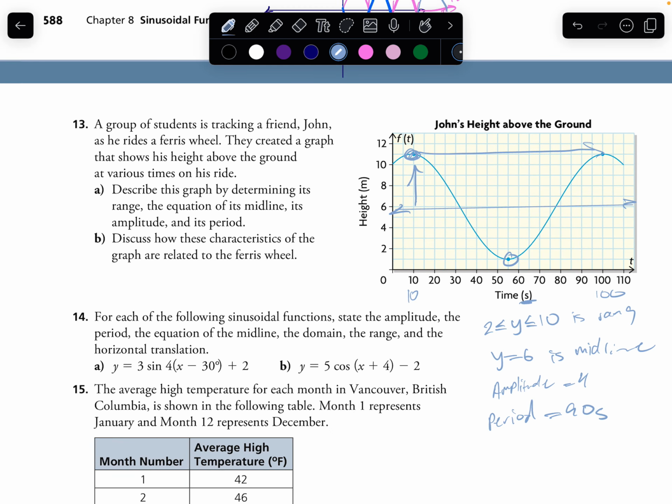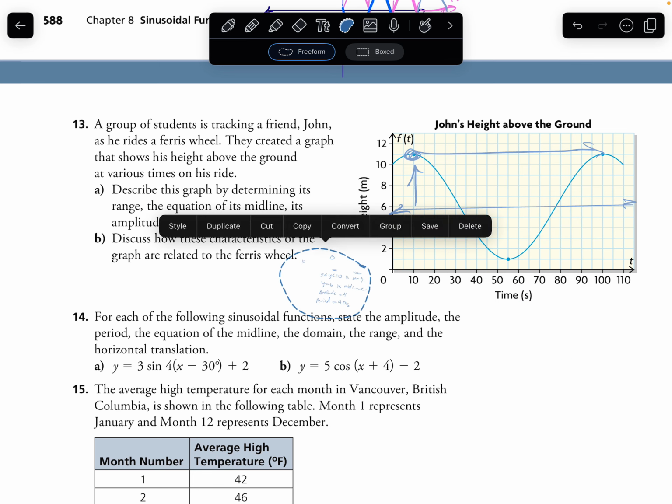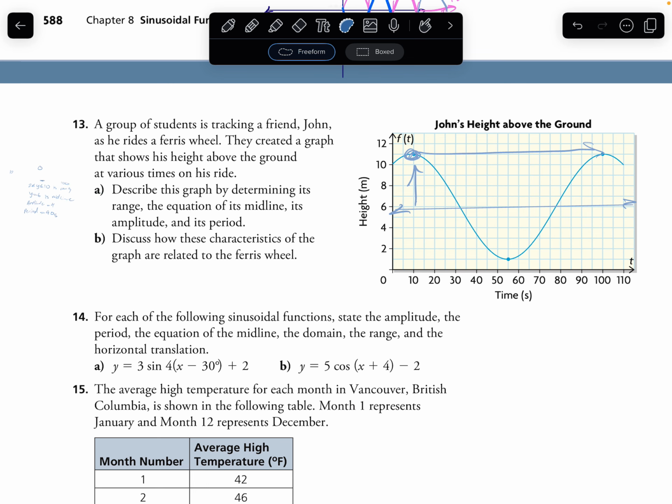Discuss how these characteristics of the graph are related to the Ferris wheel. Okay, so the height, just chuck that there.